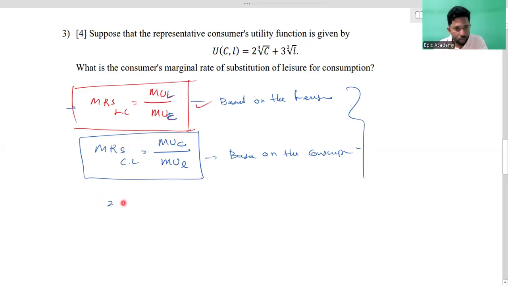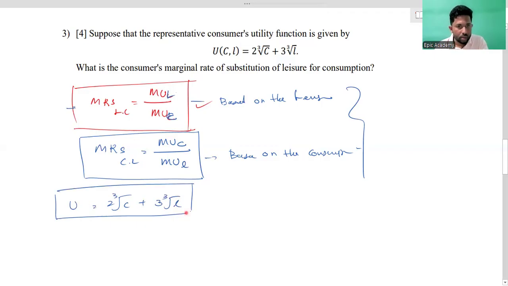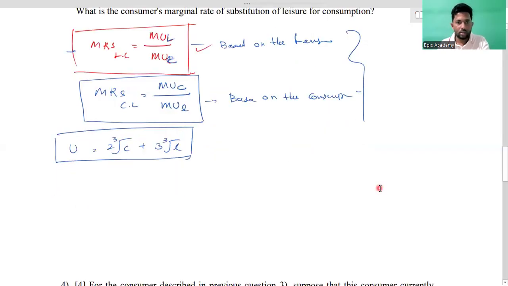What are they? 2, we call it the cubic root, cubic root of C, plus 3 cubic root of L, isn't it? This is a differentiable function. If I'm making any mistake, you can tell me.